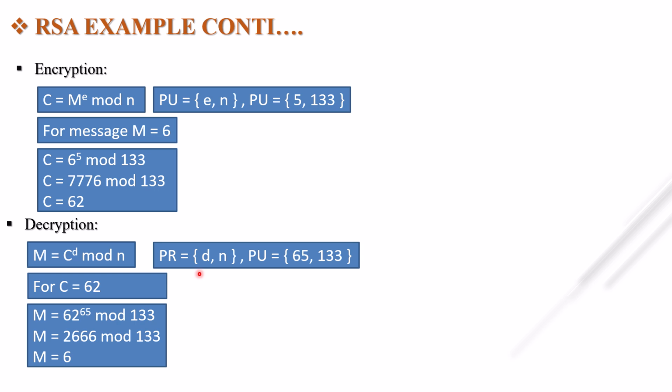Then you will get the answer 6. Also, if you directly write 62 raised to 65 mod 133, obviously what is your answer? The answer will be 6, because you are given that m is equal to 6. So after decrypting the message, the answer will be 6. You can also write it directly.